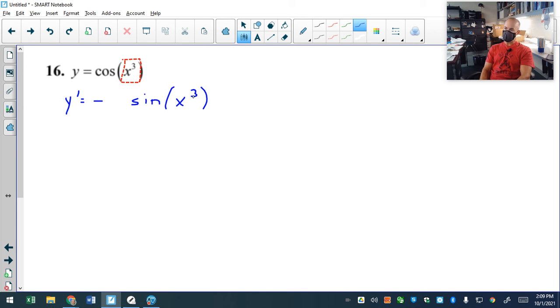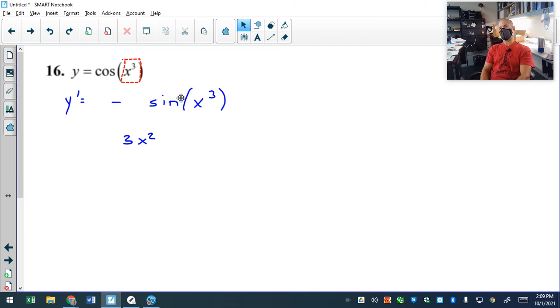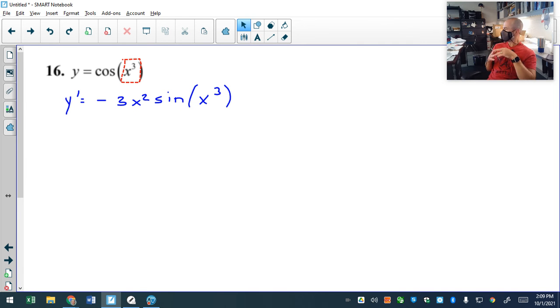Then you multiply by the derivative of the inside, which is 3x squared. But I left that space because I prefer to put the inside derivative right there. I prefer to write it that way. Now, if you want to put it on the right side, that's okay. And you're done. Cannot do anything else to that.